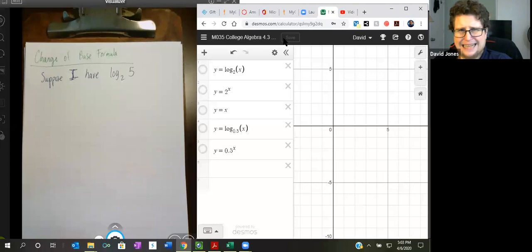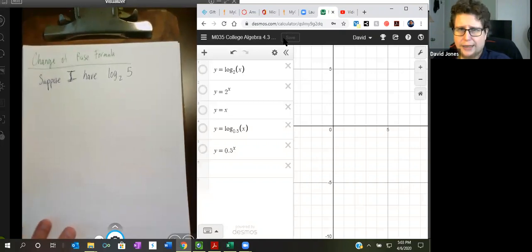That's not in my calculator. There is no log base 2 in my calculator. If you've got a super nifty calculator where you can type in different bases, I've never seen one, but I bet nowadays they have them. Then you don't need to do this change of base formula. But you should know how to do it because it's just as quick, and I think it's easier to learn than learning how to use a complex function on your calculator.